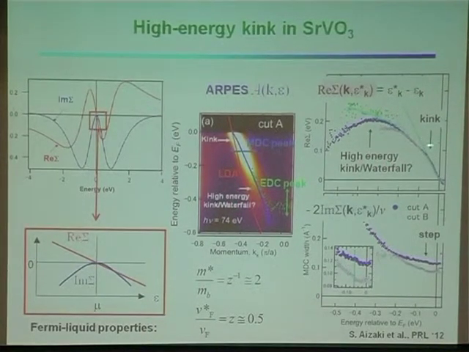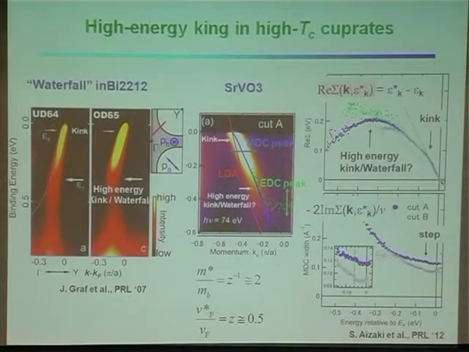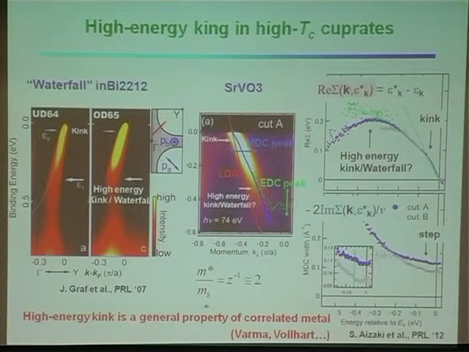But if you follow the EDC, the high energy kink is still there, but becomes much weaker. Anyway, this was first observed for cuprates, but seems to exist in other systems like strontium vanadate. So we believe that this is a generic property of the self-energy of correlated systems.